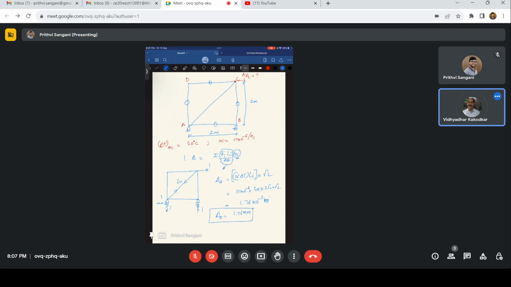So we have a truss. We have a truss member.